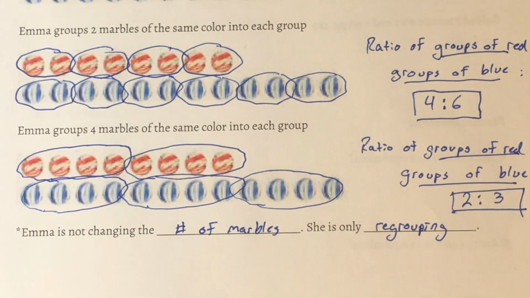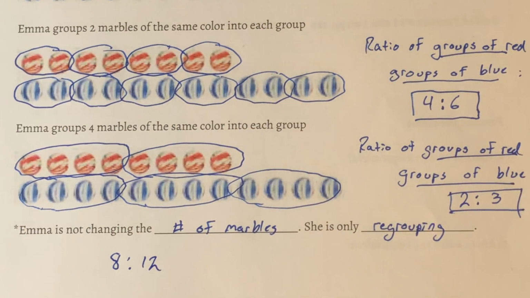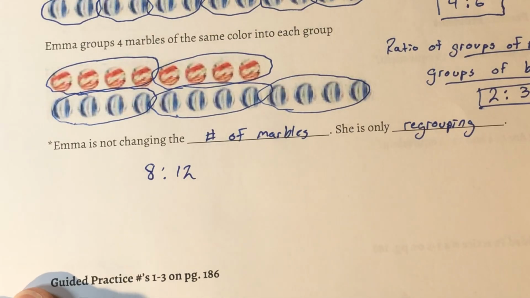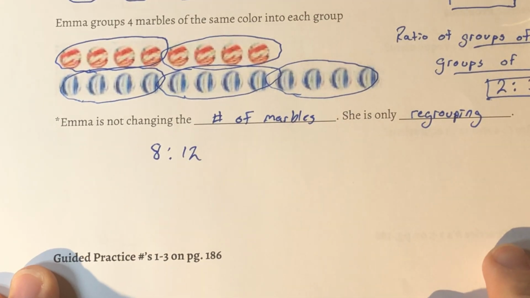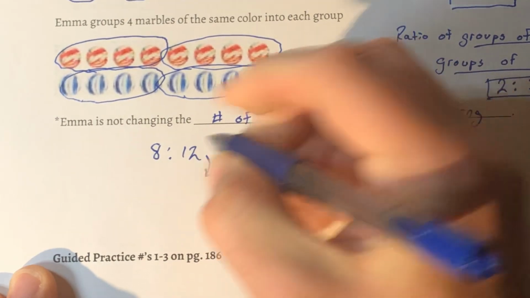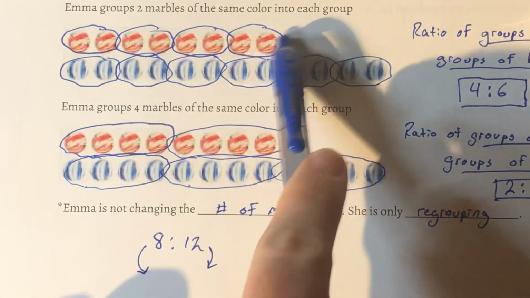Alright, now what would this process look like without a picture? So let's say you started with 8 to 12, and you realize that you can regroup those numbers. Well, what can you divide 8 and 12 by? Well, you could divide by 2, and that's what Emma did at first. She made groups of 2 right here, right?